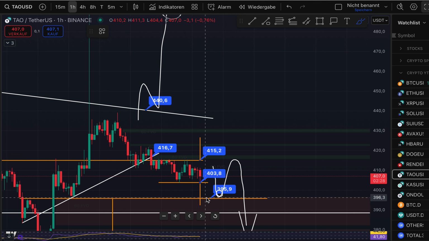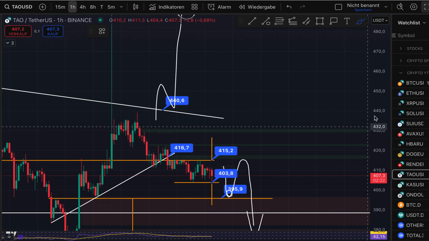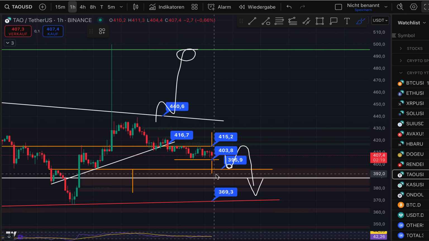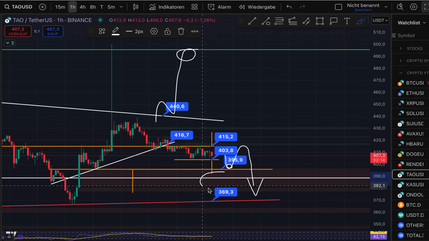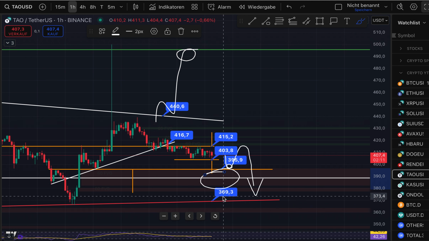So I think 396 US dollar is going to be the target of that rectangle. If we also lose that support, then as you can see, we already have here a huge fair value gap. And this fair value gap can get closed even down to 369 US dollar, where we have the next support.